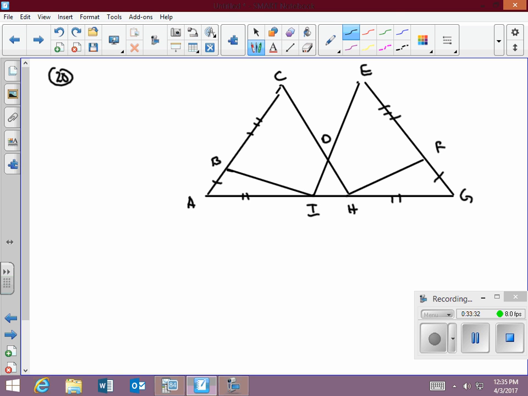And then we've got this angle, you know, side, and this angle.